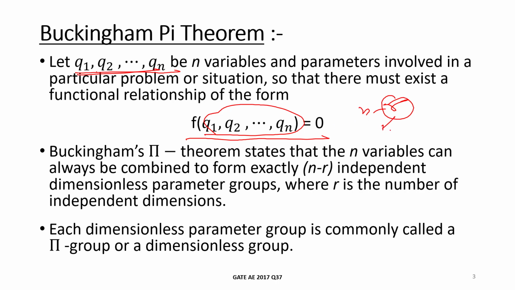These independent dimensions depend on the fundamental dimensions present in the problem. Each dimensionless parameter group is commonly called a pi group or dimensionless group.